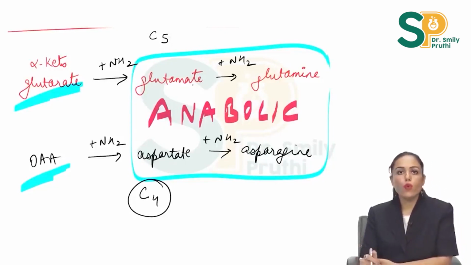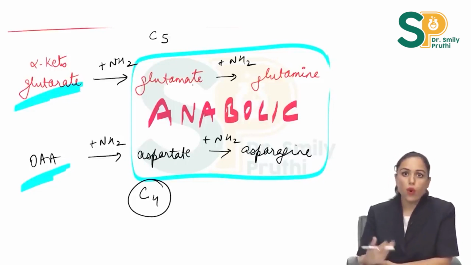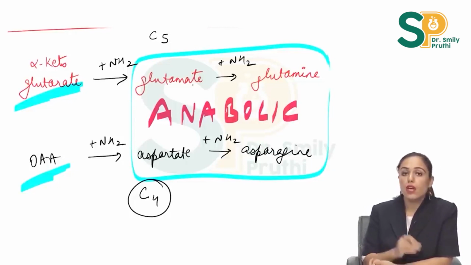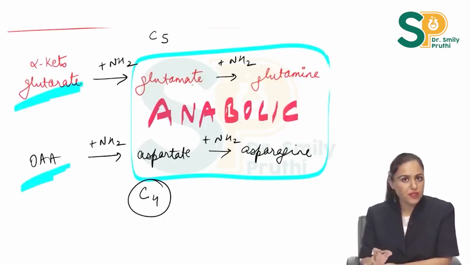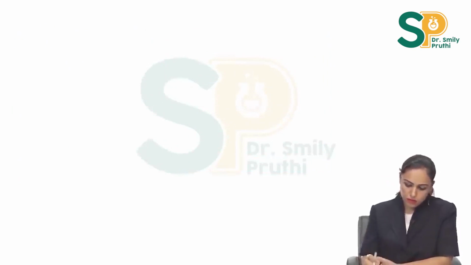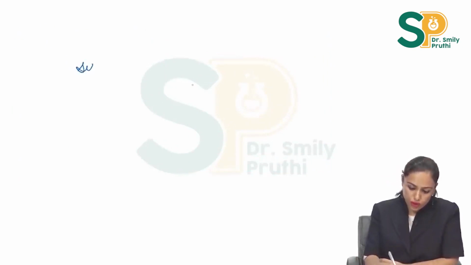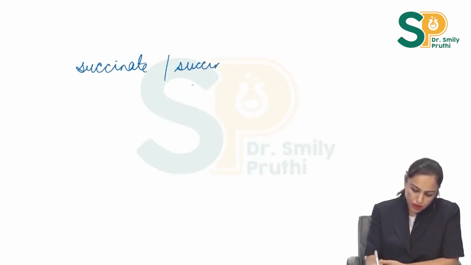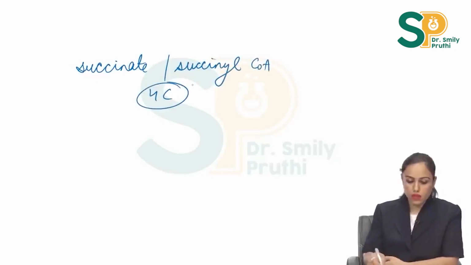And here you can see 4 amino acids, obviously non-essential amino acids, getting formed in the body from TCA intermediates. So this is the anabolic role of the TCA cycle. Also, you have to note that succinate or succinyl-CoA is also a 4 carbon compound, right?